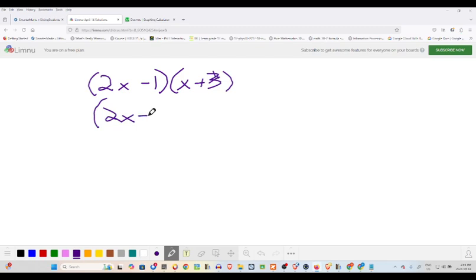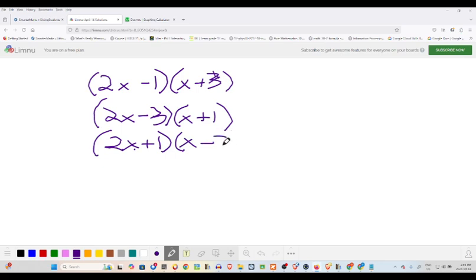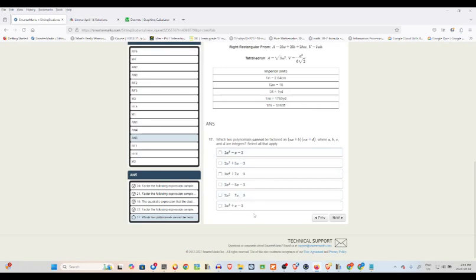We can have a 2x minus 3 and x plus 1. 2x plus 1 and x minus 3. Or a 2x plus 3 and x minus 1. These are the 4 possibilities that will get our first and last to work out.